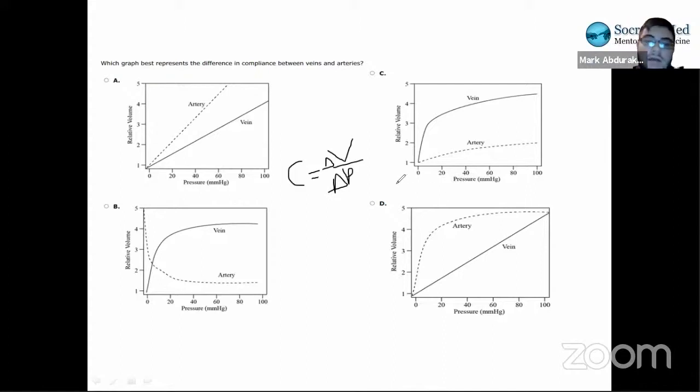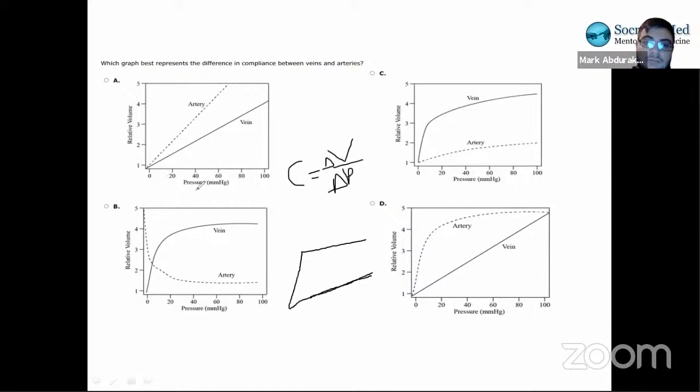What it said was the compliance of a vein is high at low pressure, so it should be a very steep slope. Then it levels out when you get to higher pressure and becomes the same as an artery. So let's say arteries are like this, and we'll pretend it's the same line right here. It looks something like this, which goes along with C.